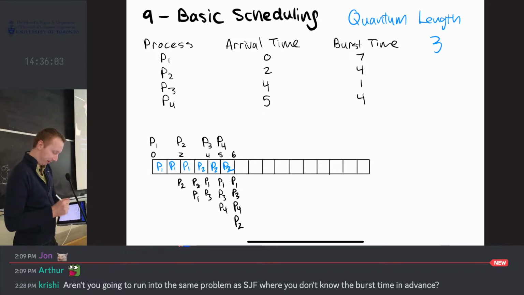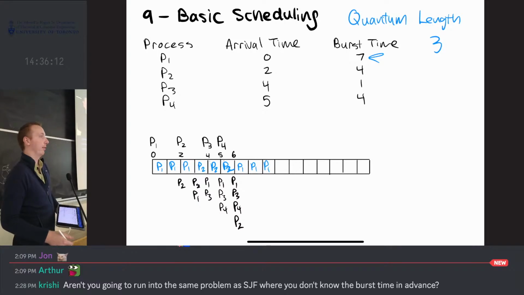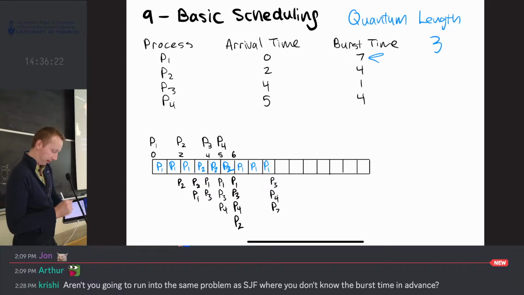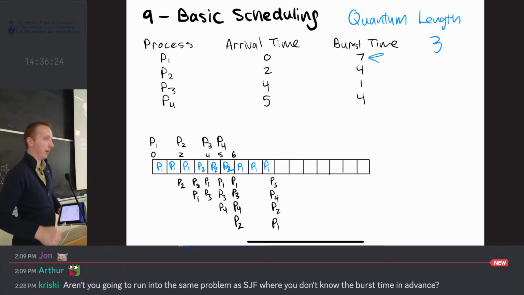P1, I saw at least one. So P1 would run for 3 time units. Remember, its total time is 7, so it would take all 3 time units to run. And when it's done executing, it would get thrown to the back of the queue. So we'd have P3, P4, P2, then P1.